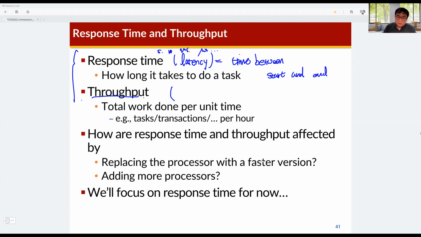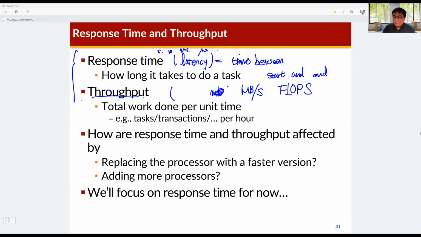So the unit of the throughput is something like megabyte per second, MIPS, and we can frequently use the flops, like floating point operations.